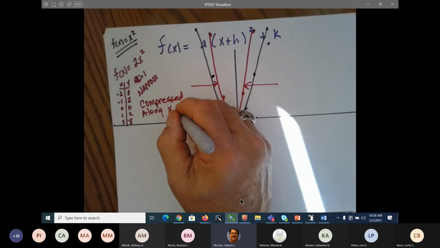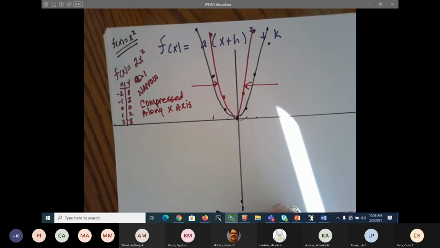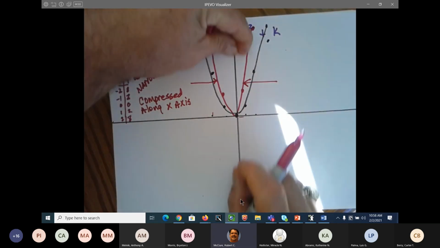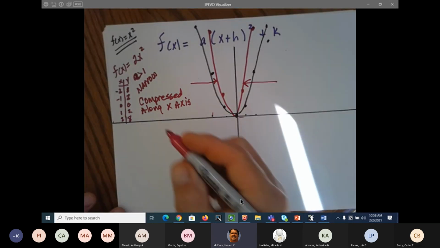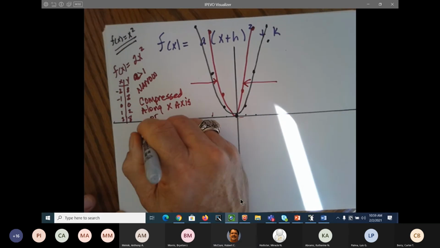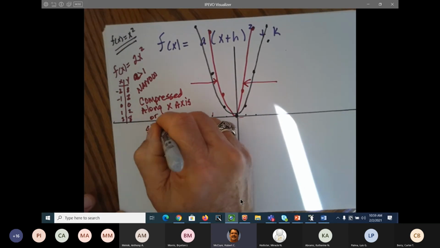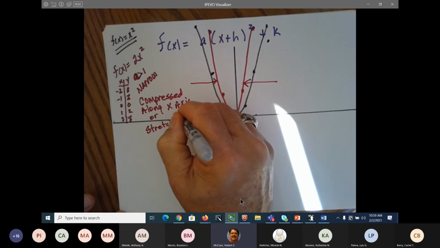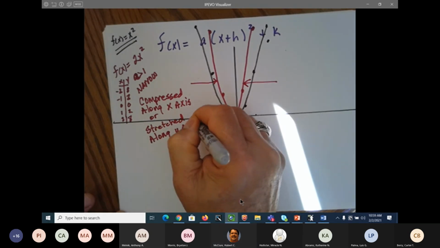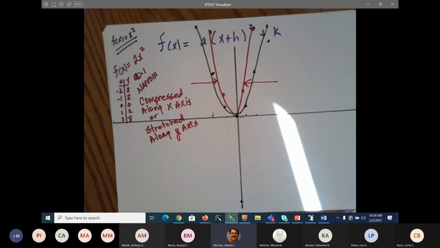Somebody tell me. It's not compressed, it's what? Stretched, like a balloon or like a rubber band. Stretched along the y-axis. And that's just what a tells you.